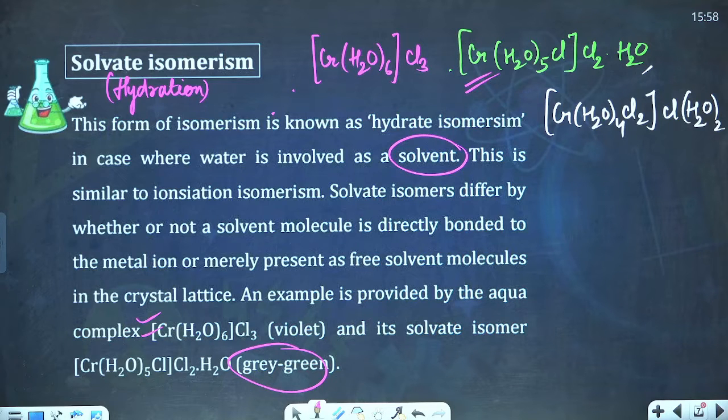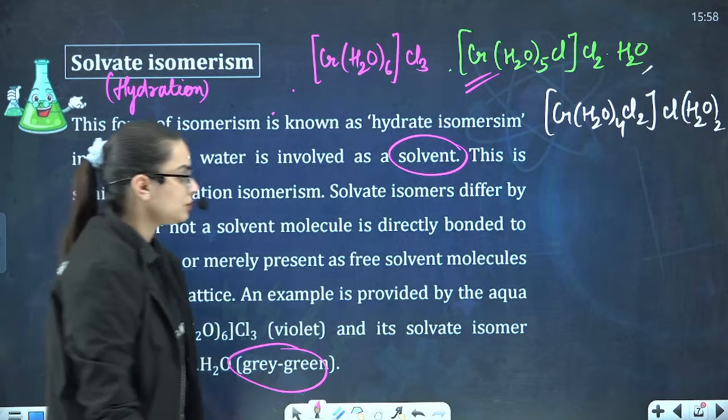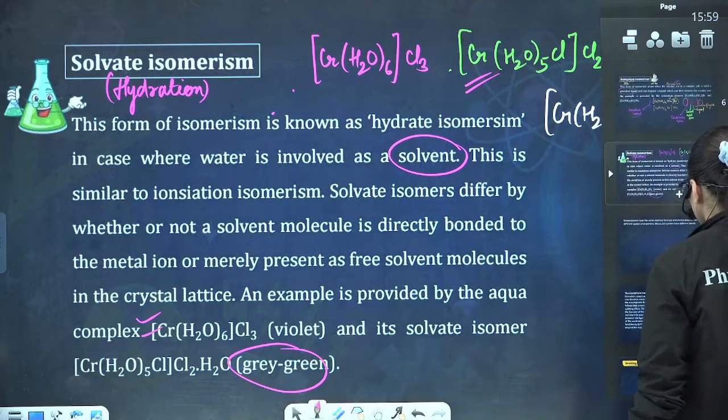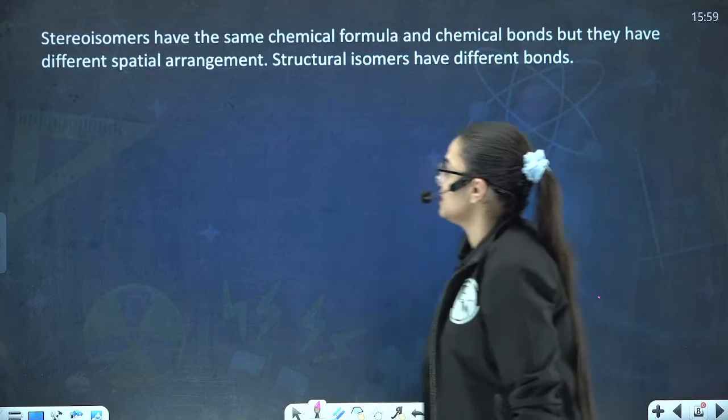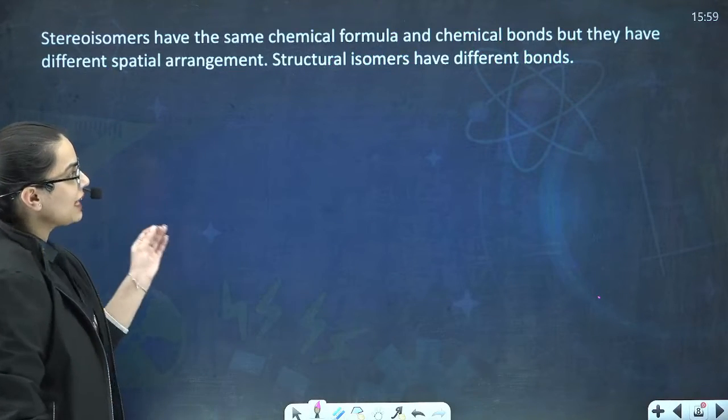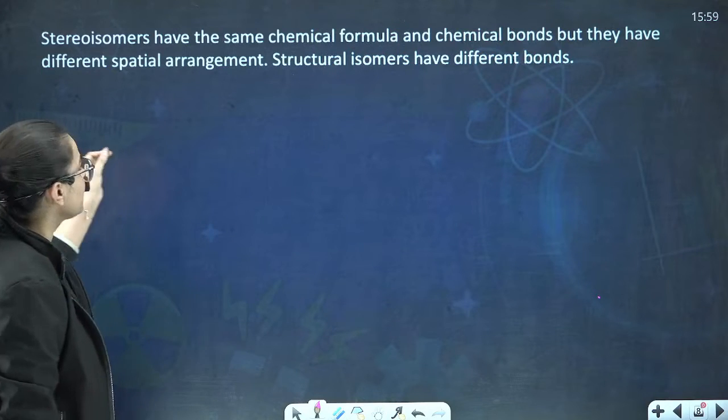I want you all to write it down. Stereoisomers have the same chemical formula and chemical bonds, but they have different spatial arrangements.